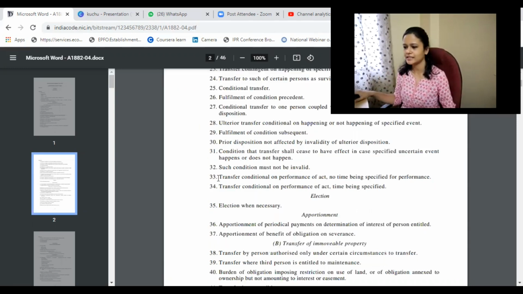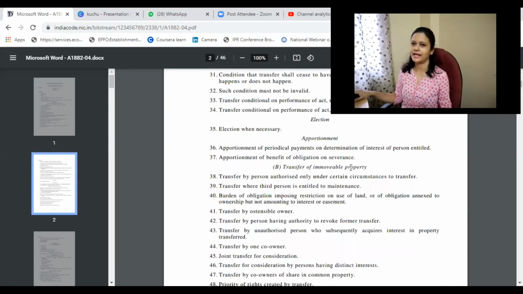Until these provisions, up to section 37, these apply both for movable and immovable property, but the remaining provisions that we were discussing in the previous classes are from part B of chapter 2, which talks about only transfer of immovable property.